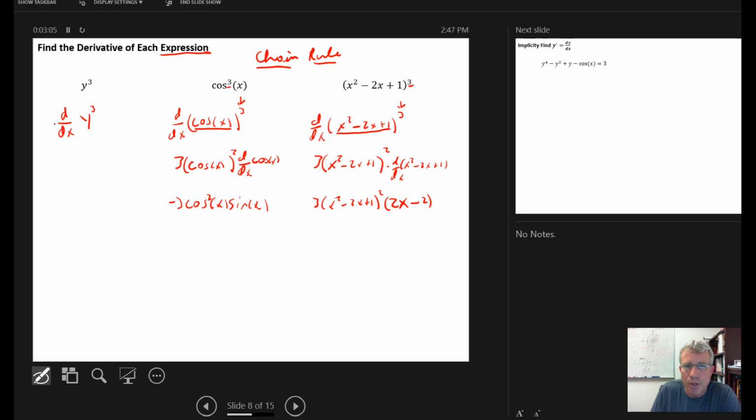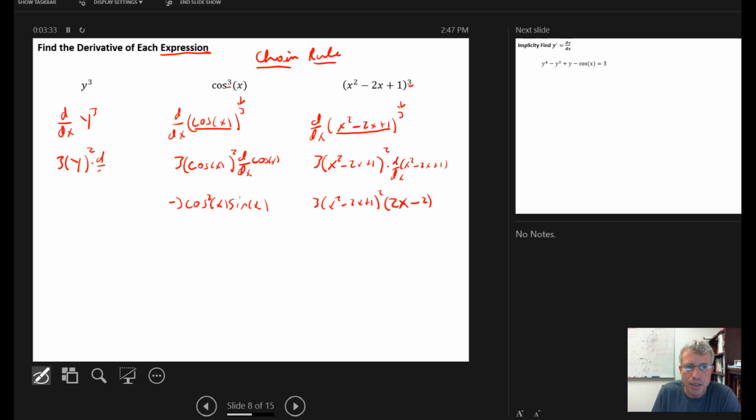So we're going to play this out the same way if this is a y. What we're going to recognize is this is a y being cubed. So to find the derivative, we're going to take the derivative of the outer function, the cubing function. So I'm going to get 3 times y squared, just like I did over here, times, but because this y is inside of that cubing function, we need to multiply by the derivative of y.